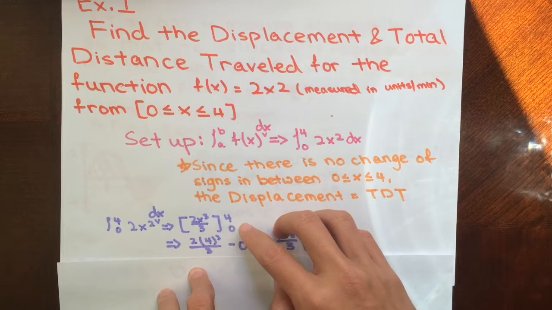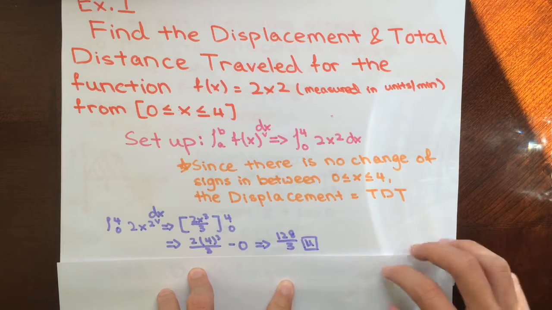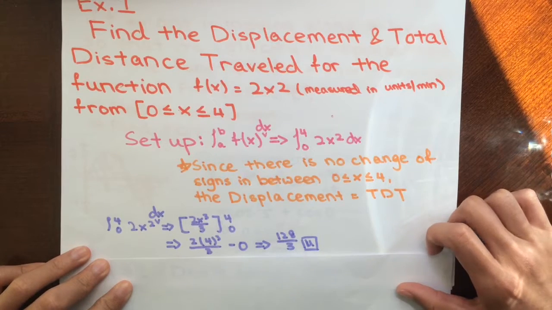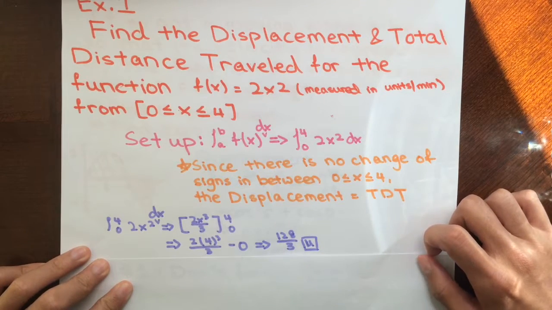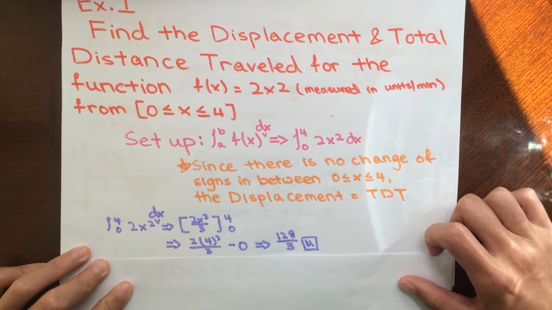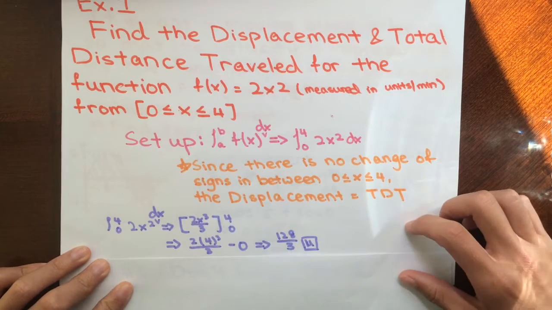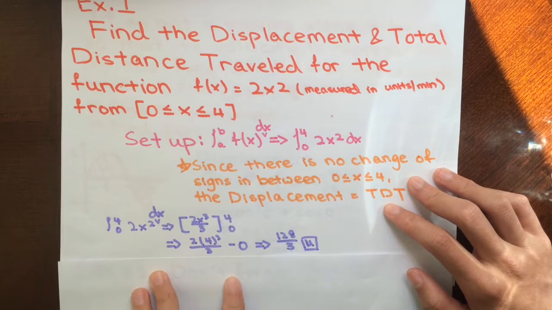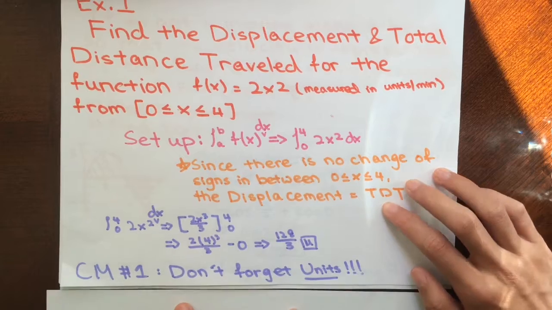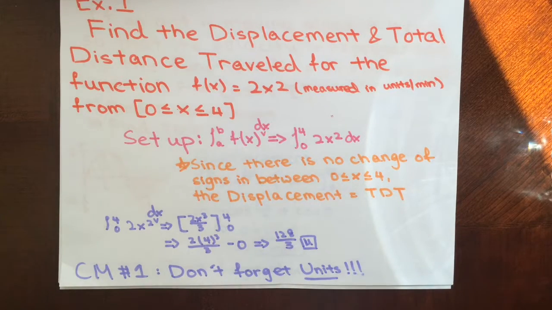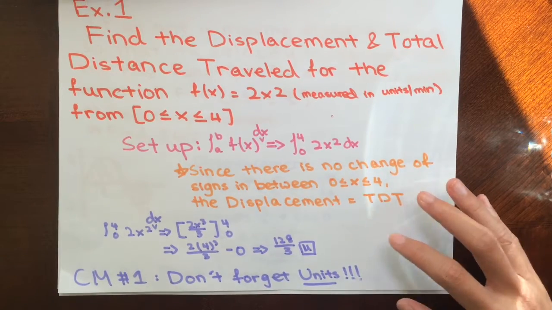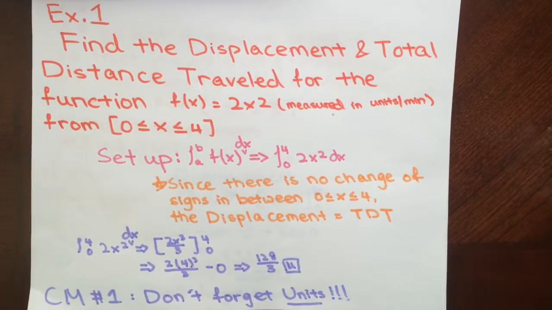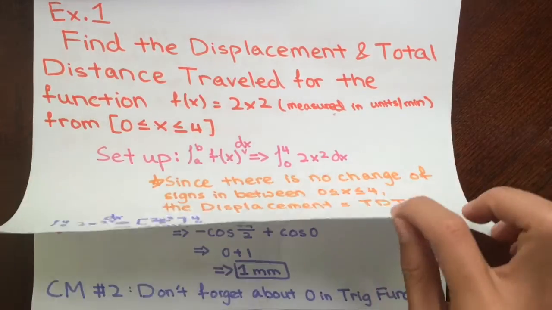Now we use the top minus the bottom, which gives 2 times 4 cubed divided by 3 minus 2 times 0 cubed over 3, which is just 0, for the final answer of 128 over 3 units. If you answered this without units, then you're wrong, because it says up here it is measured in units per minute. So try not to forget about units.